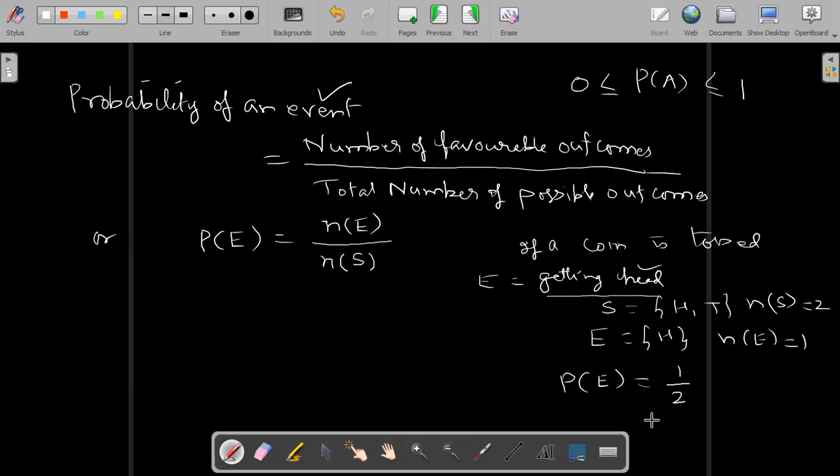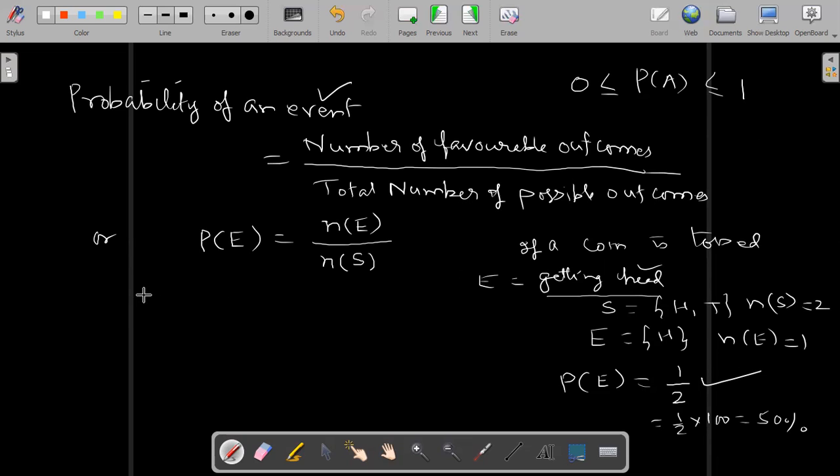If it is asked in percentage, you can do 1 by 2 into 100, that is 50%. So in percent if asked, you can convert, otherwise this is your answer. Probability will always be less than 1 and always positive. And this is the happening of the event, getting head.